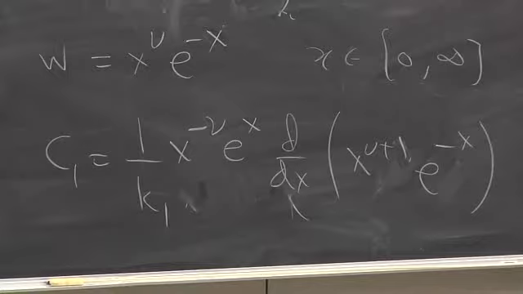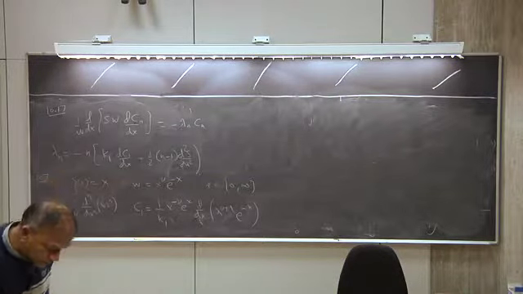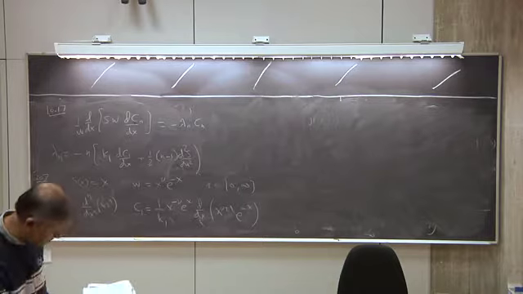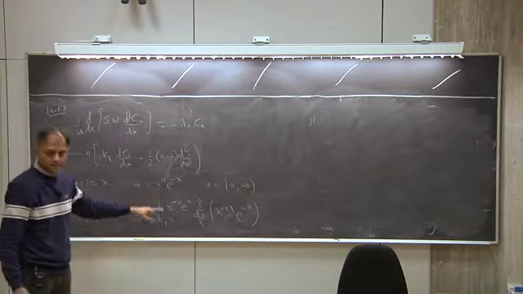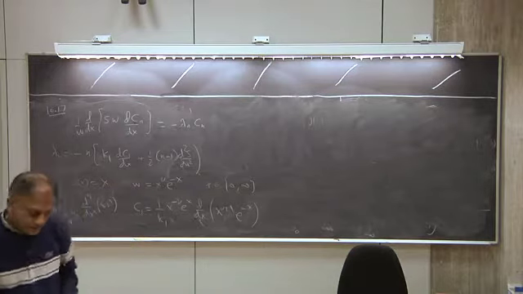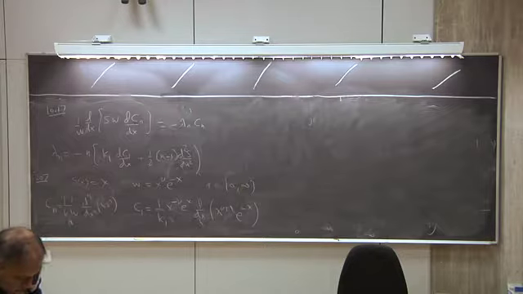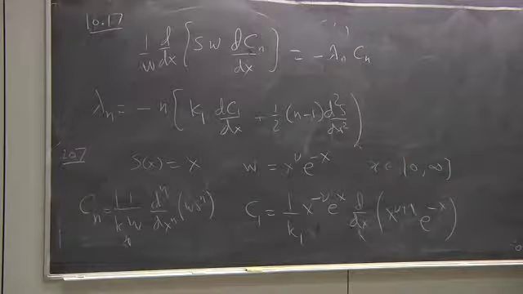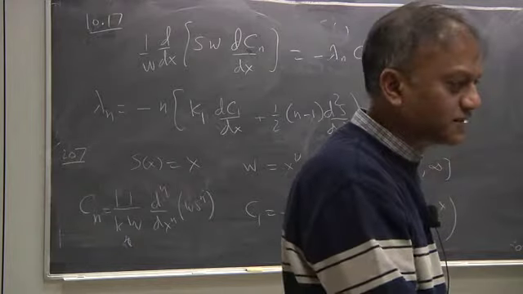Is the weight function e to the x of nu? Because in the table it is given as e to the minus x. W is e to the minus x, right? Oh, there is a misprint. It should be e to the minus x. The e to the minus nu is a constant, so that would come out.